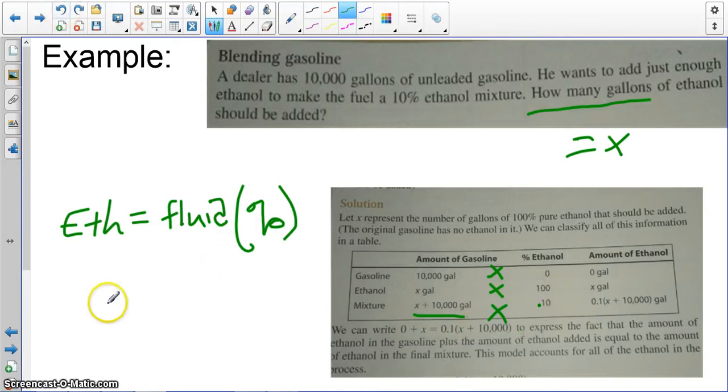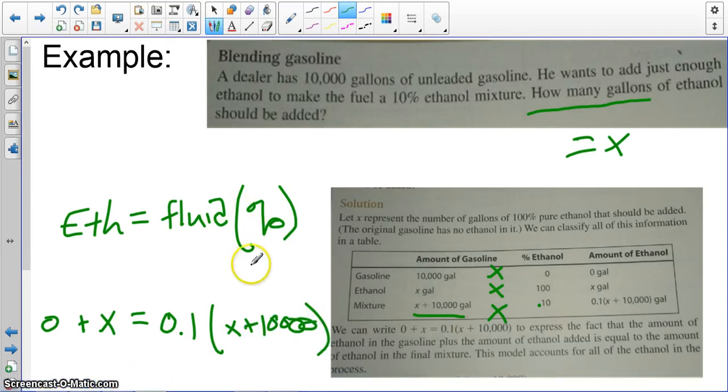So that's where they get this. I'm going to write out the exact same thing they're writing out, but I'll explain where they get it from. There's no ethanol in the gasoline, there's x amount of ethanol in the ethanol, and then that should total 10% of the combo, x plus 10,000.